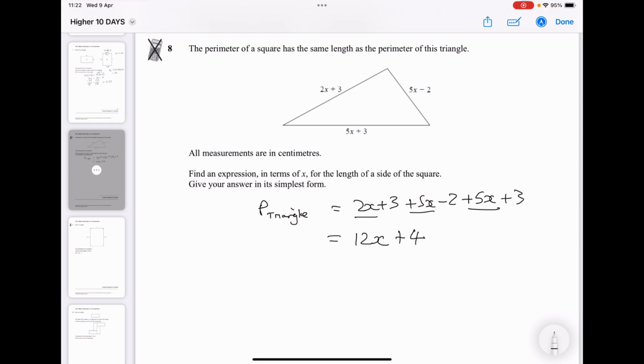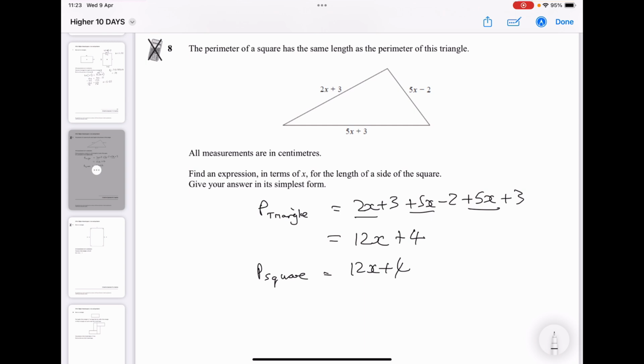It then says up here, the perimeter of the square has the same length as the perimeter of the triangle. So perimeter of the square equals 12x plus 4.